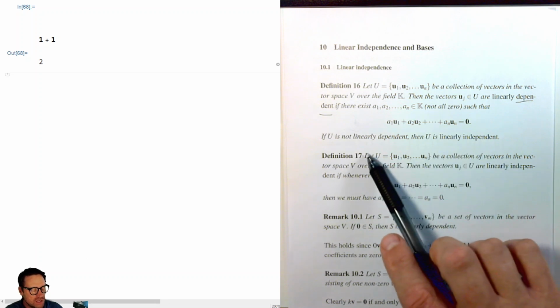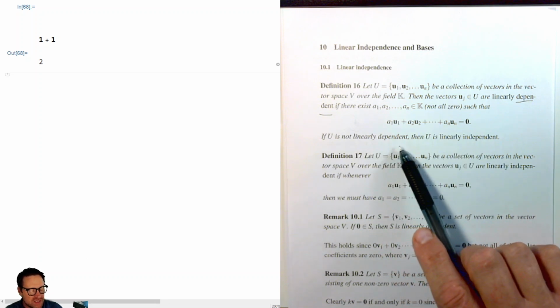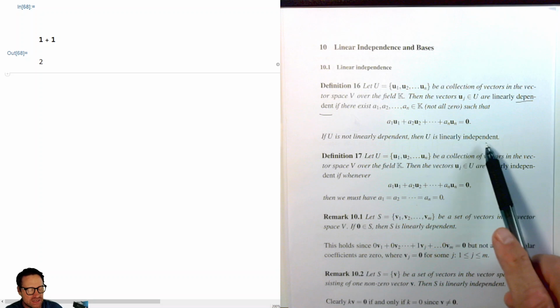If U is not linearly dependent, then U is linearly independent.